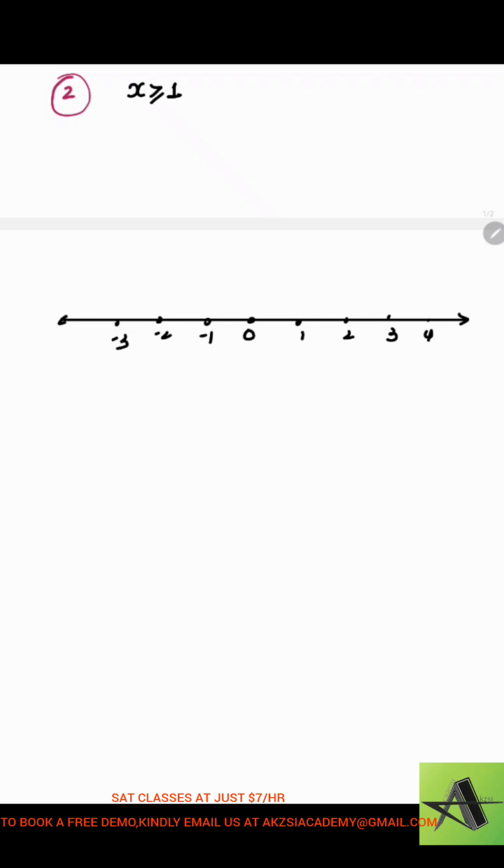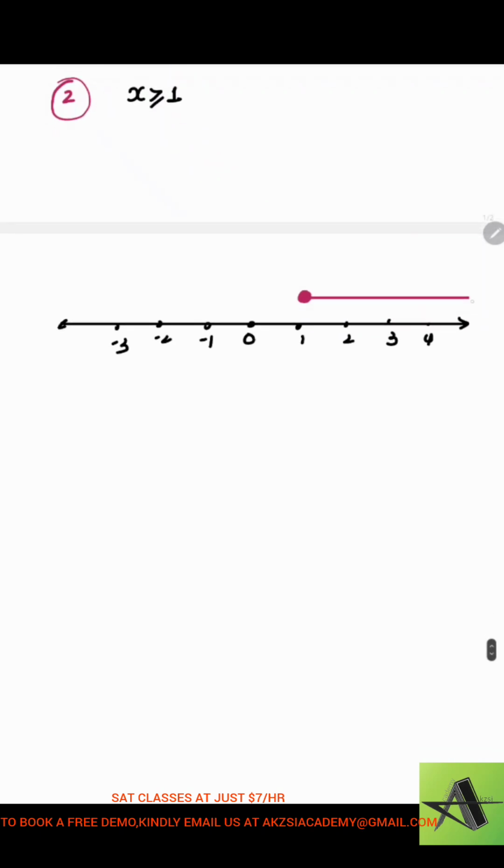So when we are drawing x greater than equals to 1, that means at 1, I'll draw a circle, but this time this circle will be a filled circle. This filled circle represents that we are including 1 because it's equal to 1. That means we have to include 1 as well. So we can clearly see that it can take any value of x in the whole range, plus it can take 1 as well.